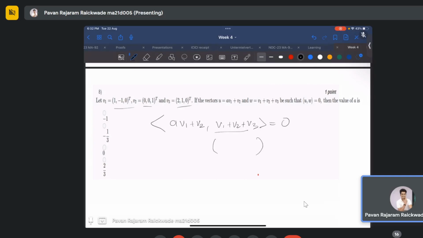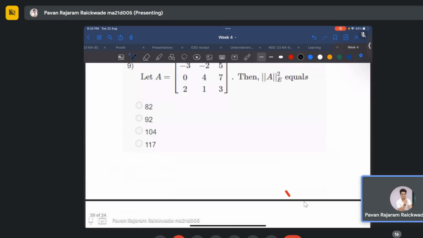The summation of these three gives you (3, 0, 1). And a times v1 plus v2, what do you get? (a, minus a, 1). This has to be 0. Simply 3 times a plus 1 is 0, which implies a equals minus 1 by 3. So these questions today are mostly calculative. I didn't notice this. There's not much mathematics involved.